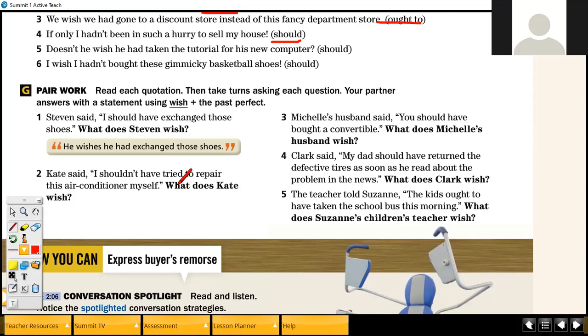Number 4. Clark said, my dad should have returned the defective tires as soon as he read about the problem in the news. What does Clark wish? He wishes he had returned the defective tires as soon as he read about the problem in the news.